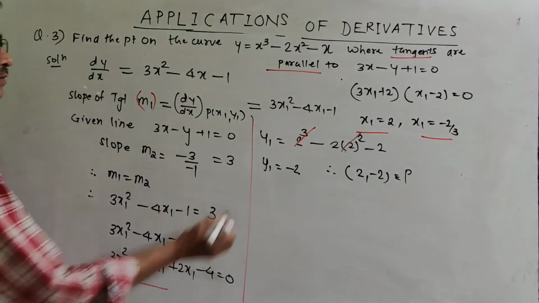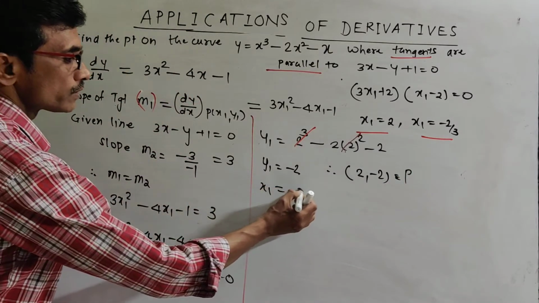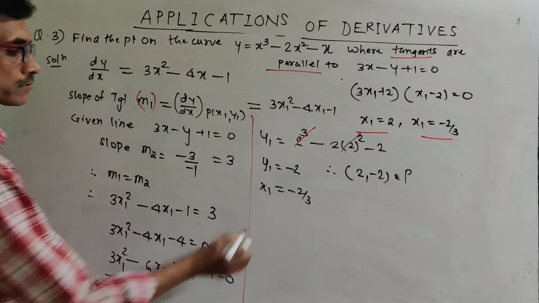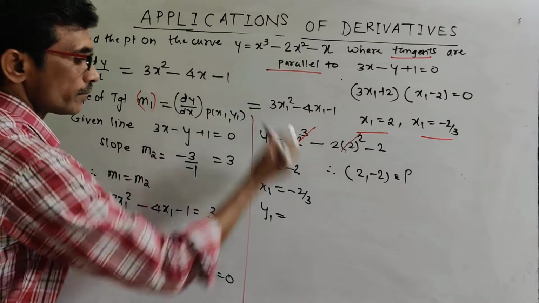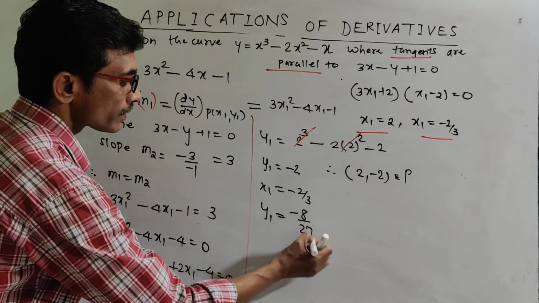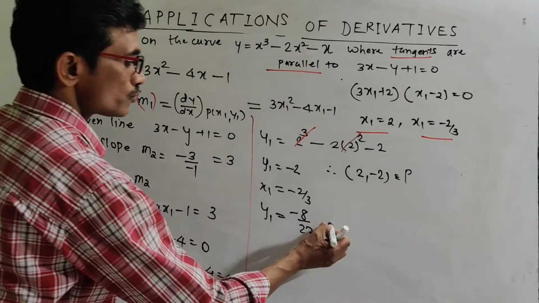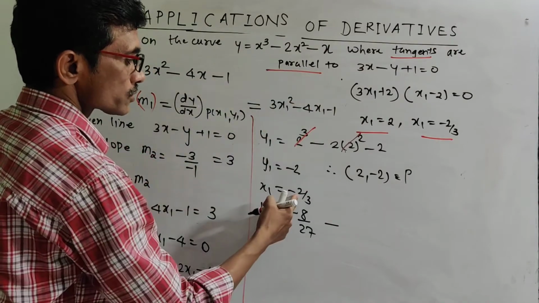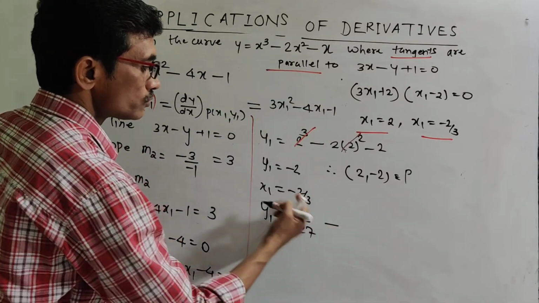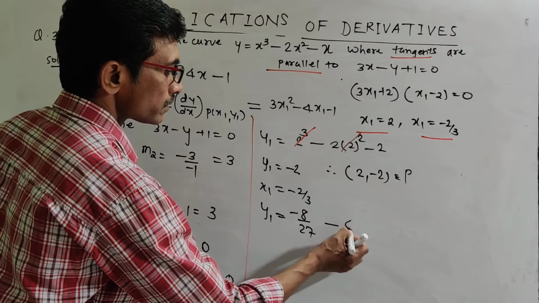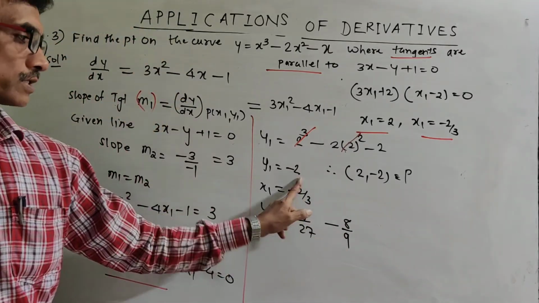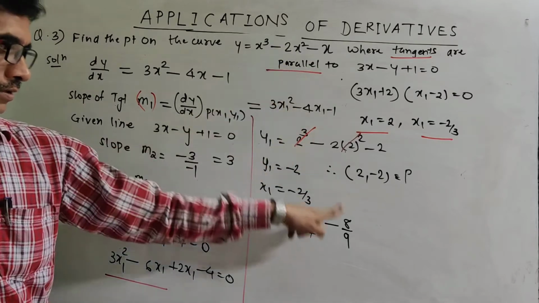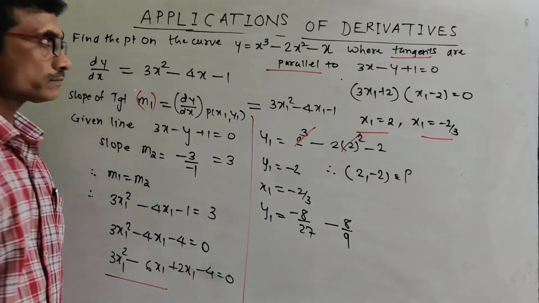Then we will put x1 is equal to minus 2 by 3, so that y1 is equal to minus 8 upon 27 minus 2 times of this square. So minus 2 times of this square will be what? 8 upon 9. This is 4 upon 9 plus 4 upon 9, and minus 2 minus 8 upon 9.